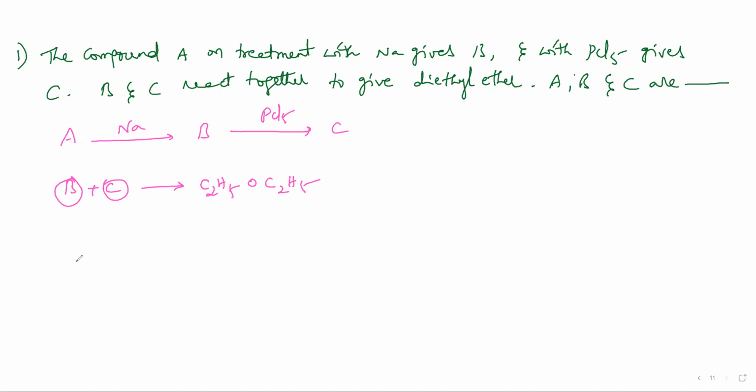So let us suppose compound A is C2H5OH. On treatment with sodium, you will get B, isn't it?